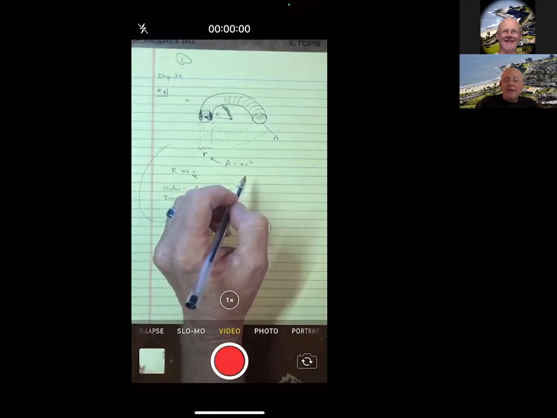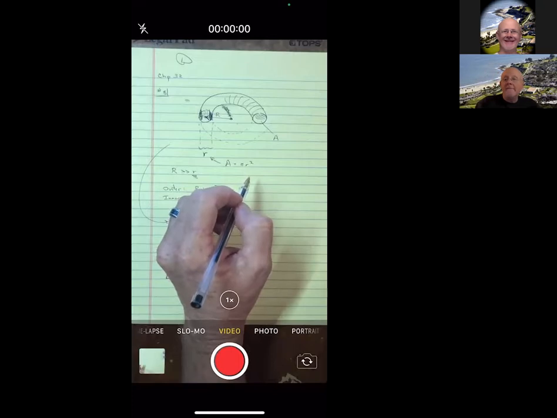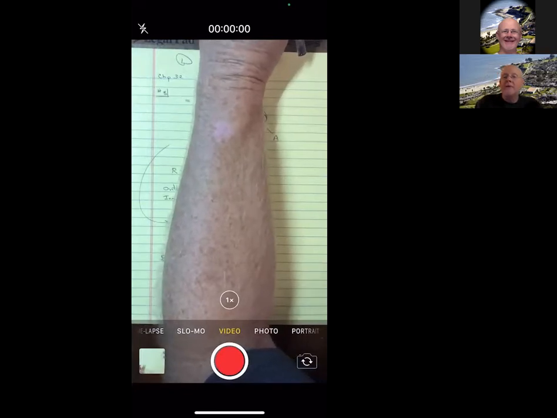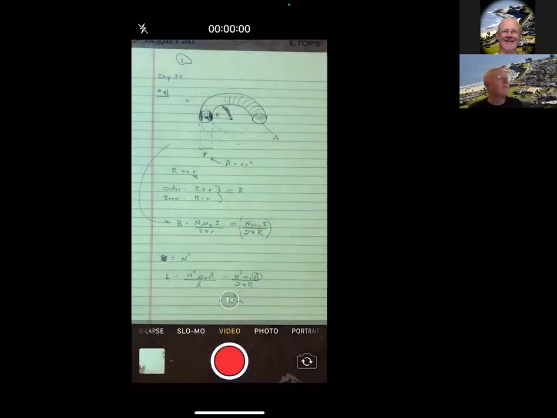Whoops, I did it to myself again. Bumped the keyboard on my laptop and got rid of my screen sharing. Let me just double check. Okay, so I'm still sharing, I just don't see it on my laptop.